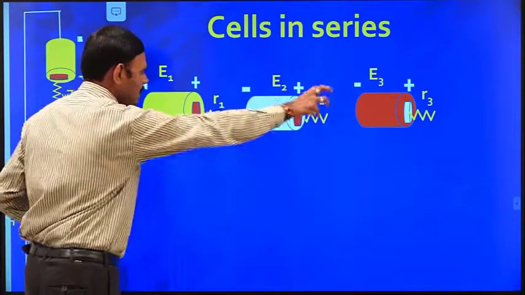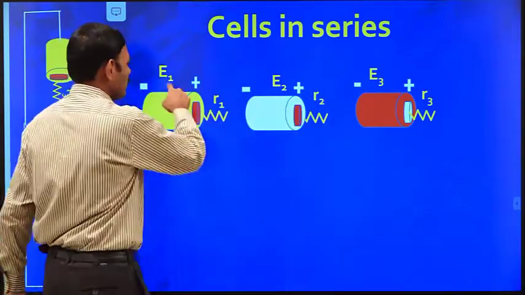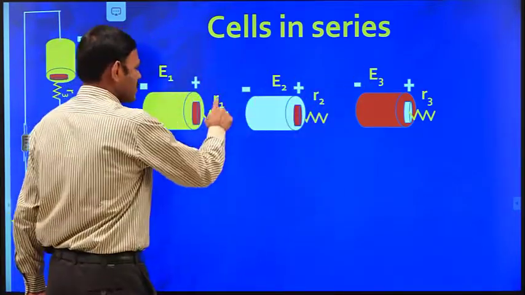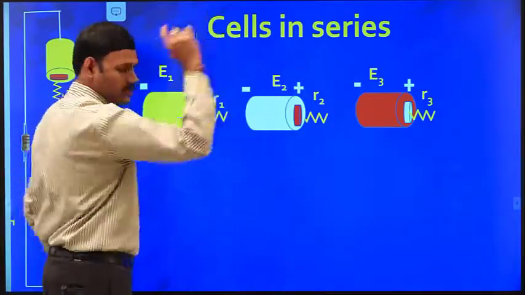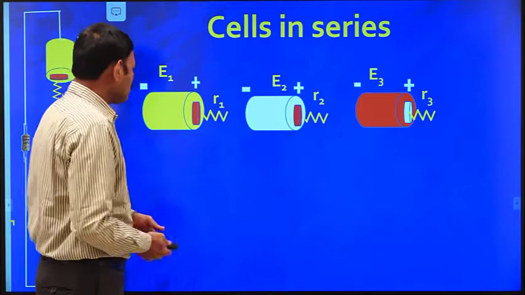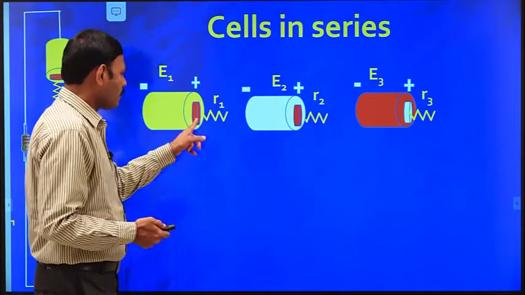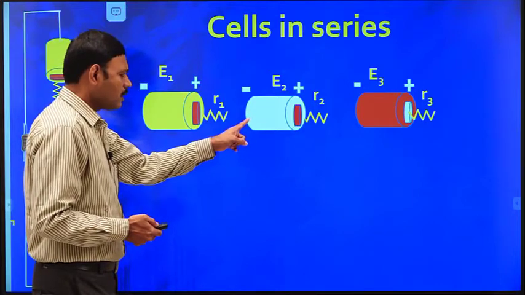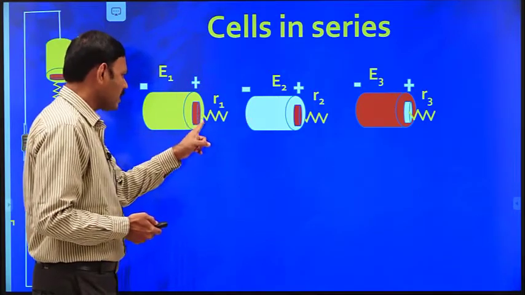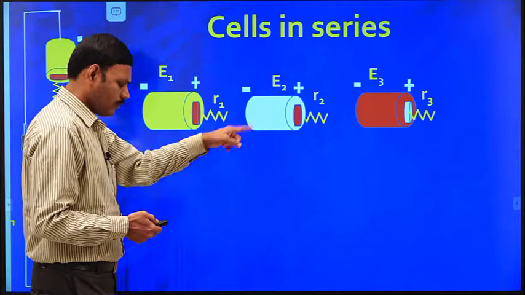We have three cells now, as I explained, having EMFs E1, E2, E3, and internal resistances R1, R2, R3 respectively. To have series connection of the cells, positive of the first cell is connected to negative terminal of the second cell. I repeat, positive terminal of the first cell is connected to negative terminal of the second cell.